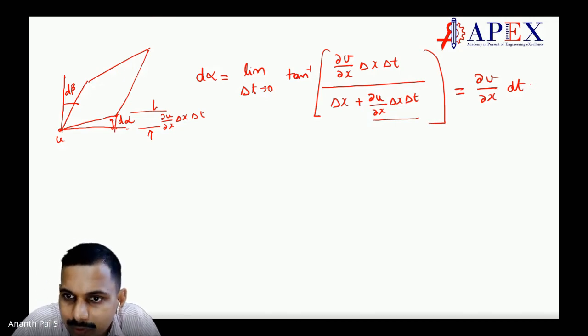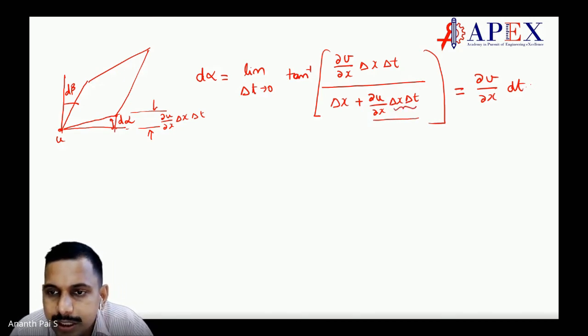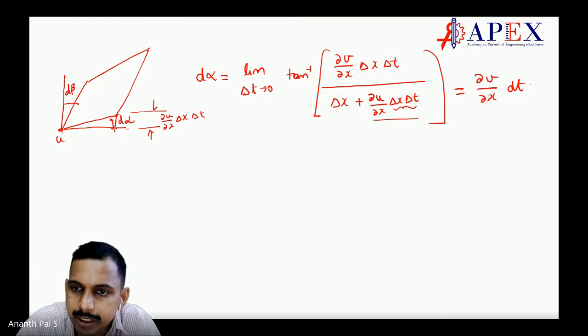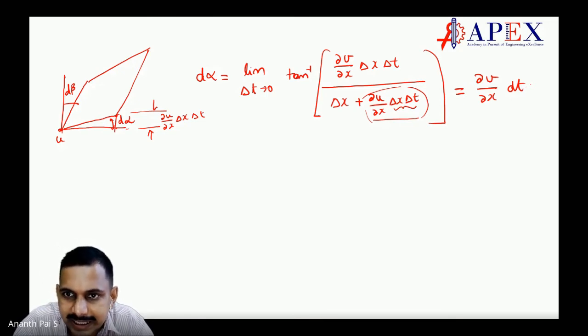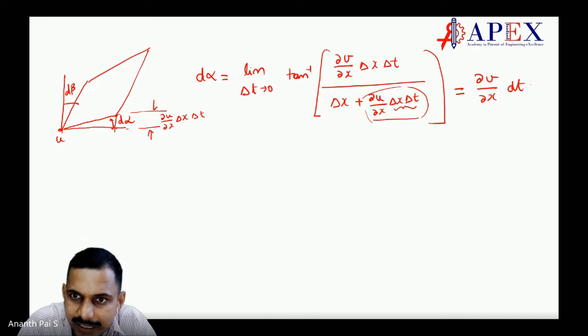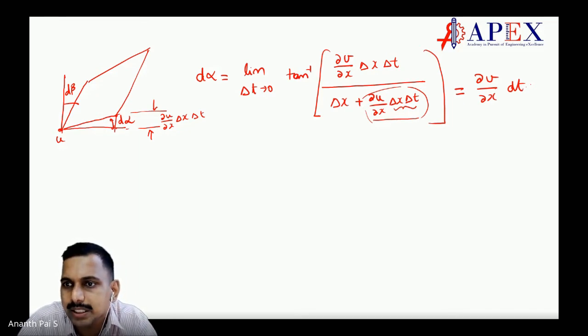Because if you see, these are multiplications of two small terms, so we can neglect this whole thing. When delta x is small and delta t is small, what remains? Delta x gets cancelled, and when delta t tends to 0, we can write this as dou v by dou x into dt.